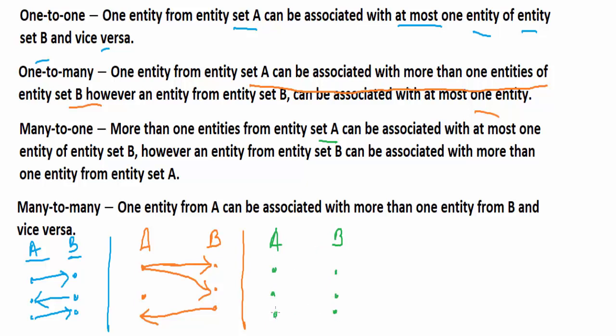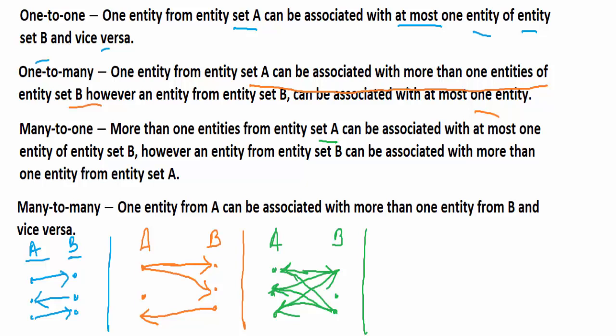More than one entity of A can be attached to only one B. These 3 can be attached to only one B; it cannot go to all of them. And an entity of B can be associated with more than one entity of A. This is what many to one means.